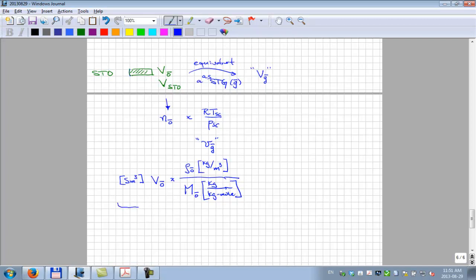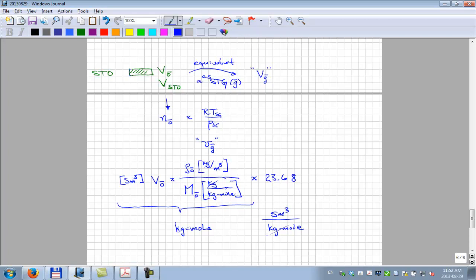And this whole thing, because units will cancel out, we'll basically get rid of the cubic meters here, we get rid of the kilograms there, and we're left with kilogram moles here. And once we take that, we can use this magic number 23.68, which gives a standard ideal volume cubic meter gas per kilogram mole. Right? That's the units of that number there.